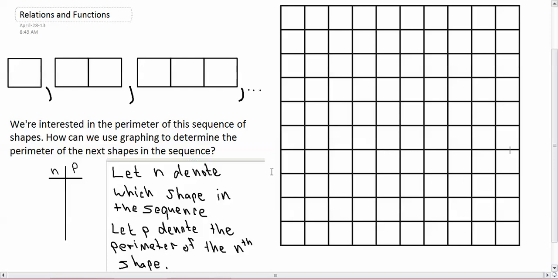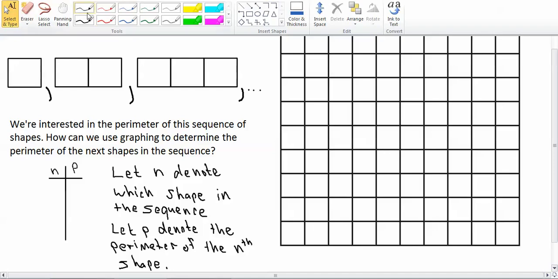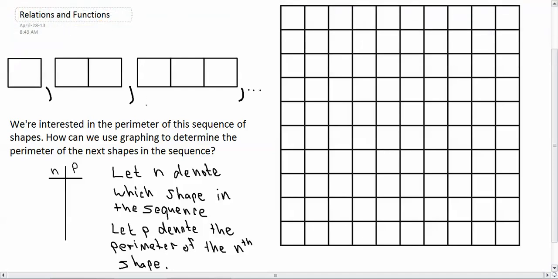Because P depends on which shape we're talking about, P is our dependent variable, and that's why I've got it coming second here. N is our independent variable, so we can independently choose which shape we're talking about.